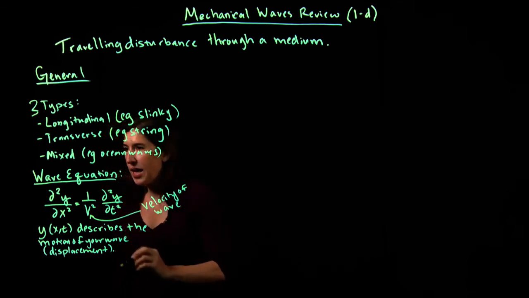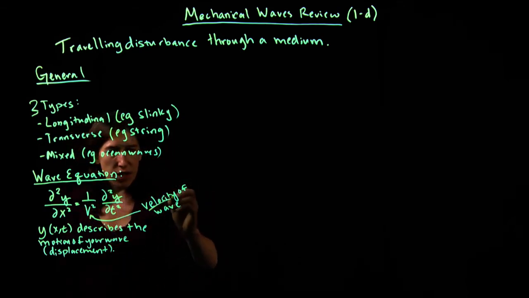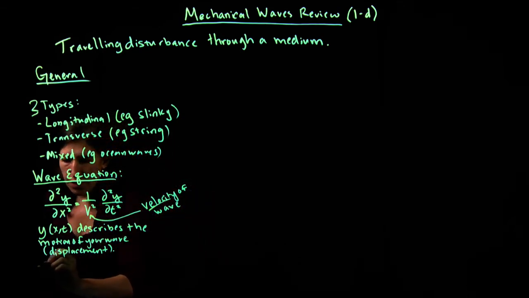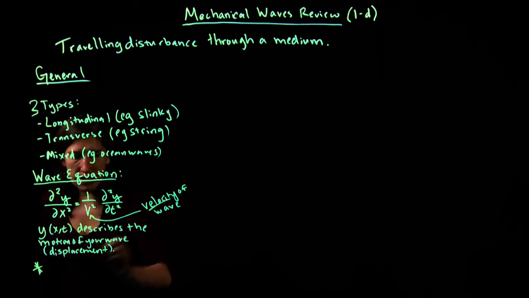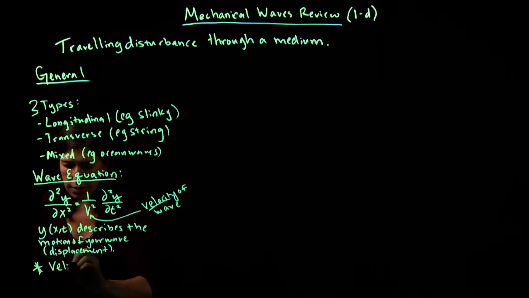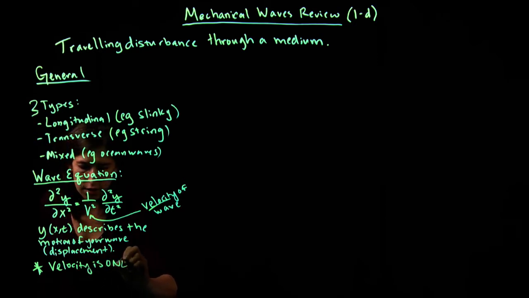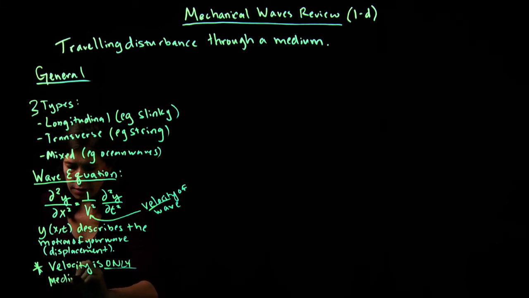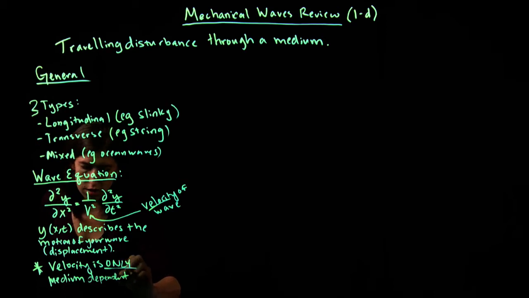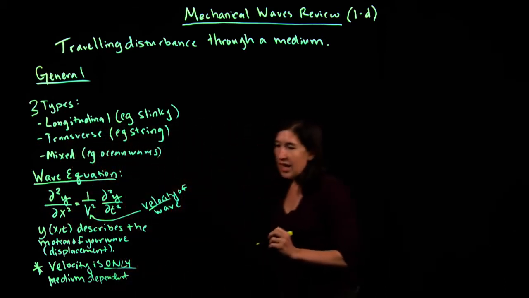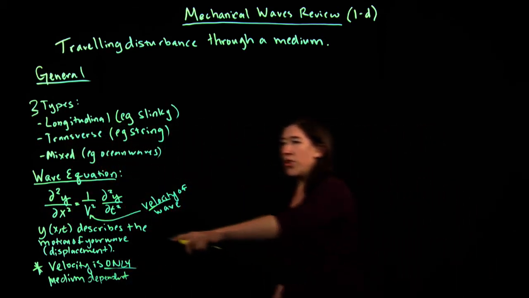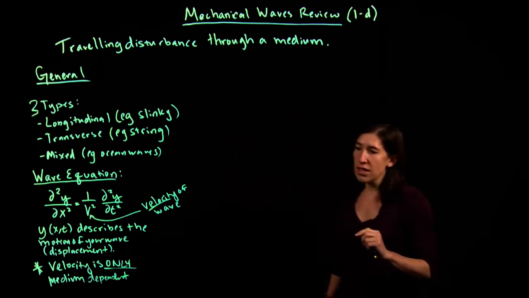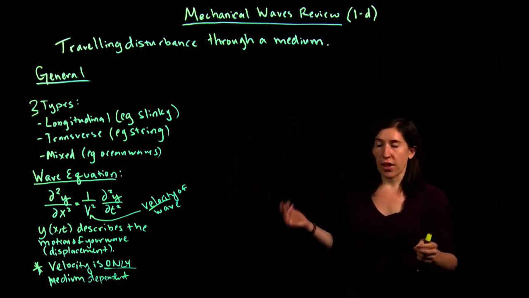Another very important thing to note is that the velocity is only medium dependent. That is to say, the velocity at which your wave travels only depends on whatever it is traveling through.